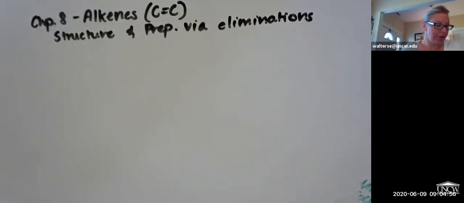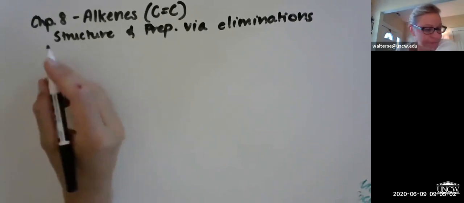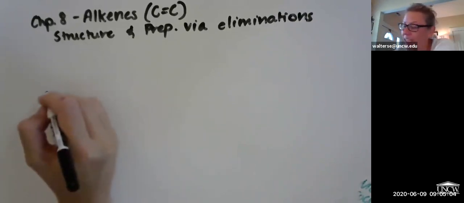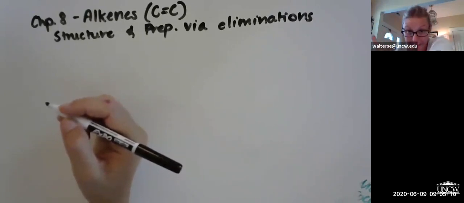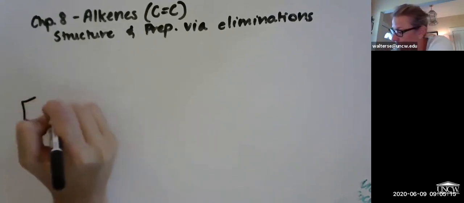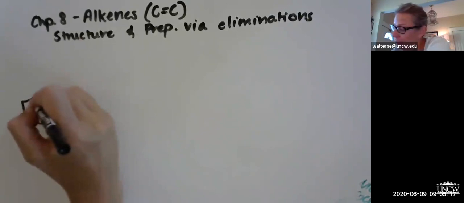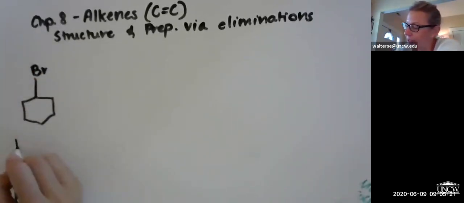So just to give you an idea of where we're going with this, and to help prime you for high levels of organization, I want you to consider this substrate. Okay, so bromocyclohexane.